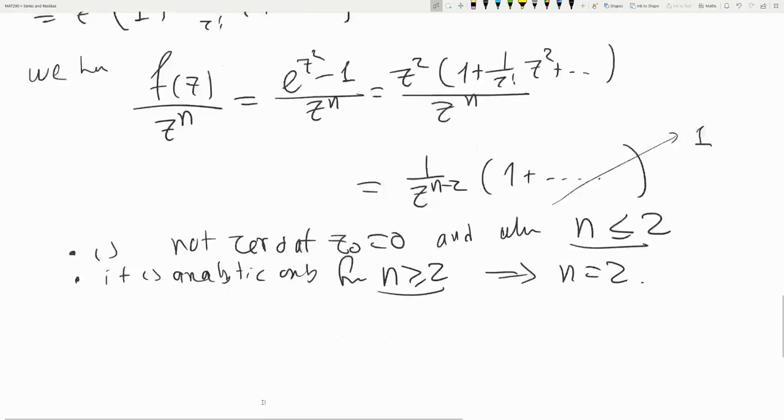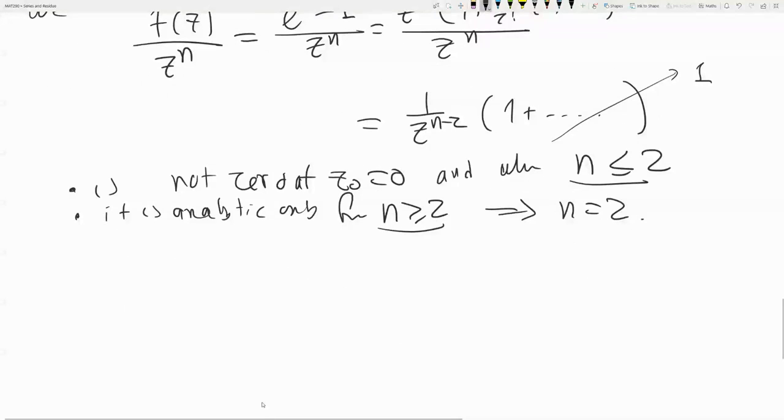Let me do it another way. Another way is, and you pick the one you like, we just have e to the z squared minus 1, and you want to expand this.